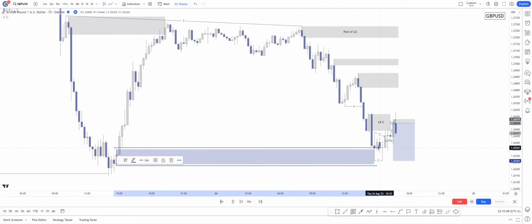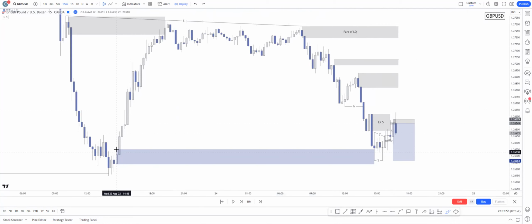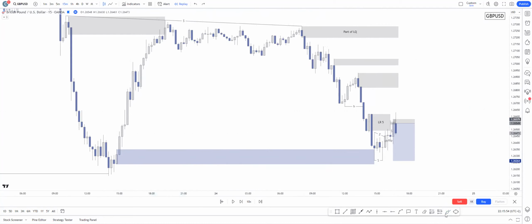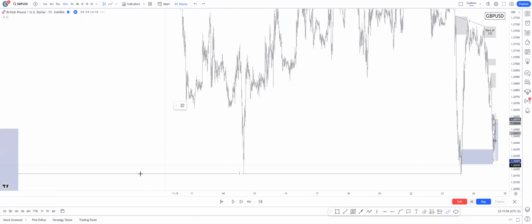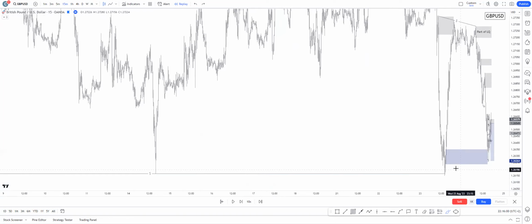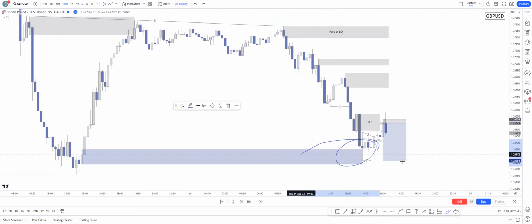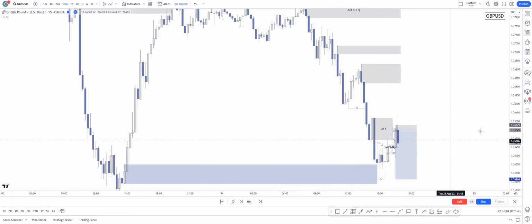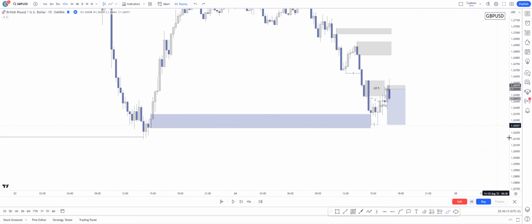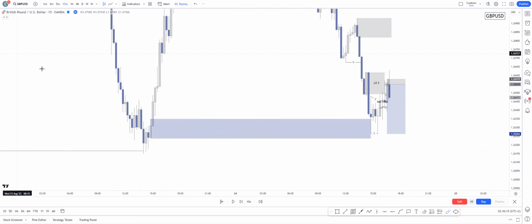Technically, price reacted on this 15-minute demand, but I wasn't really looking for any long based on this 15-minute demand because it was directly part of this insane liquidity pool on the 4-hour time frame, and that's the reason I wasn't really looking for longs based on this 15-minute demand mitigation. I was pretty sure that price will sweep this liquidity out, and that's why I was really looking for sells.